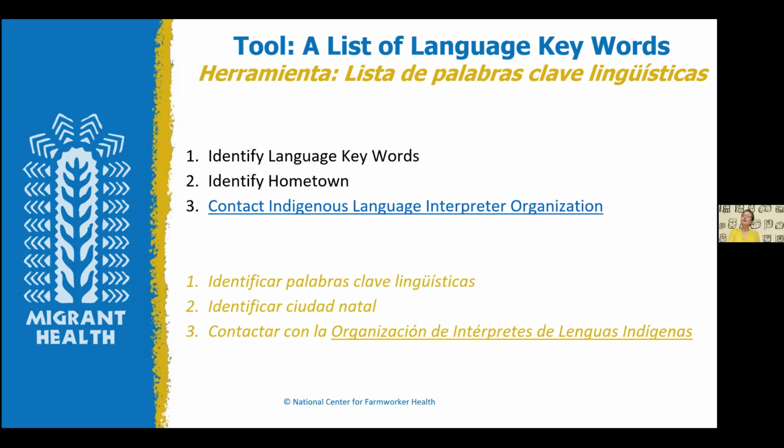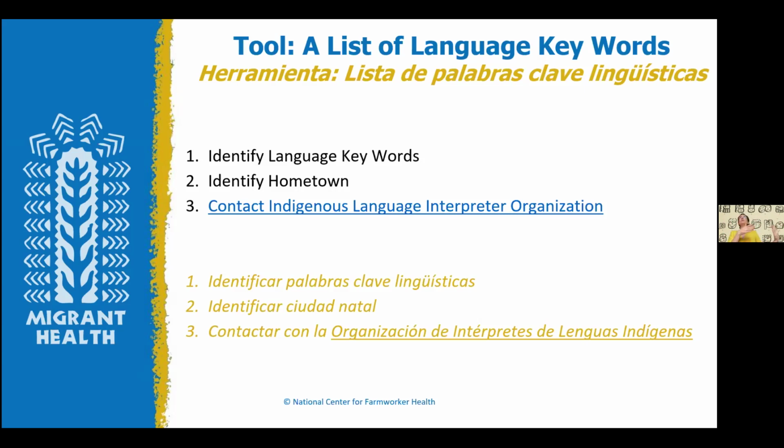What I have heard from Indigenous language interpreter organizations is that they will have on their intake form, what language does this person speak? And then sometimes people will not fill out the hometown question. As I explained before, what we're calling languages are actually a group of languages. If you just put in the name of the language keyword, there may be 10 actual variants of that language.